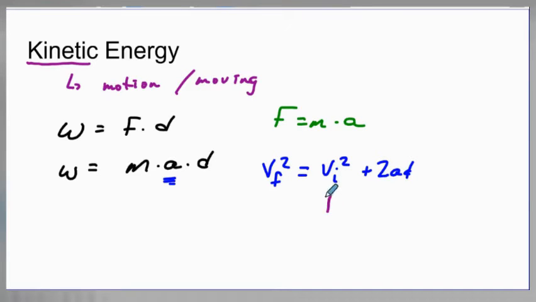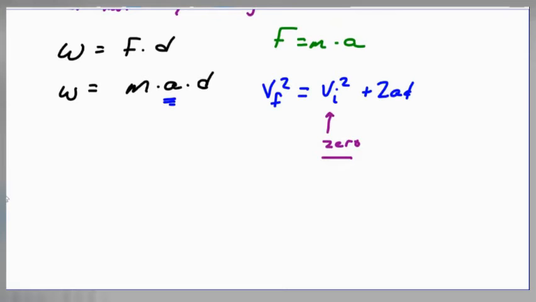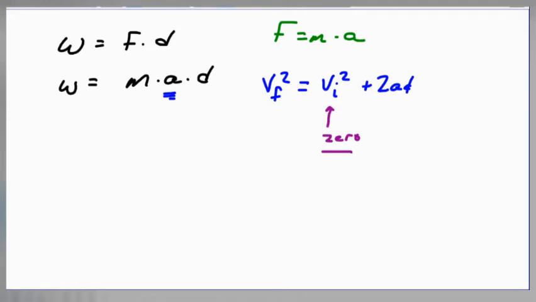Well, let's imagine, first of all, that our initial velocity is 0. Okay? So if the initial velocity is 0, the final velocity is just the velocity. So I'm just going to simplify this equation a little bit. Instead of the VI squared here, I'm just going to put a 0.